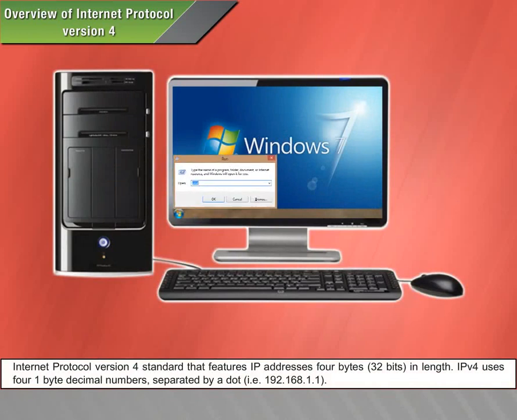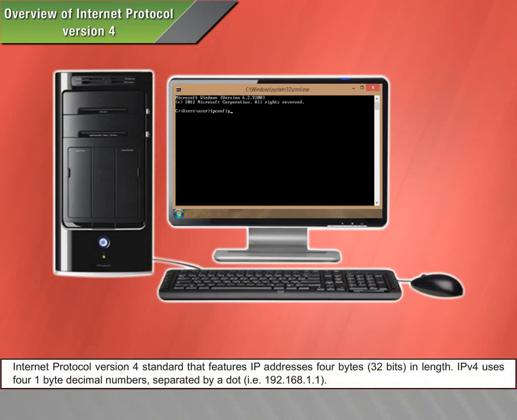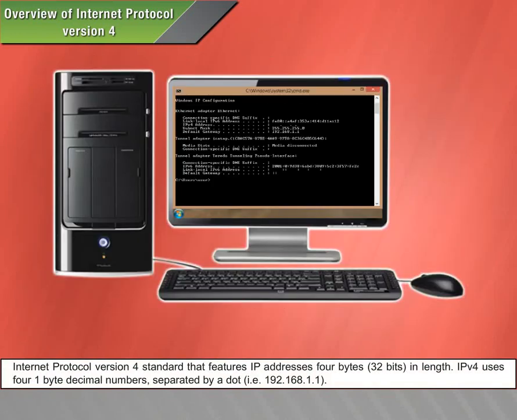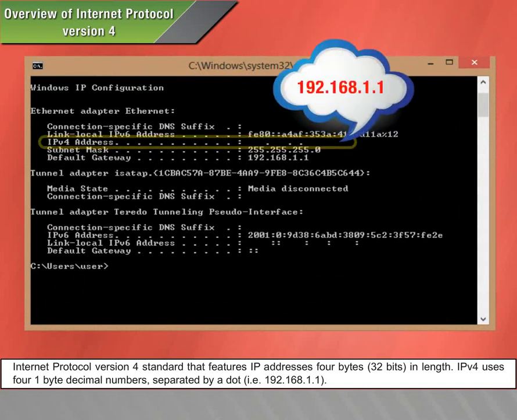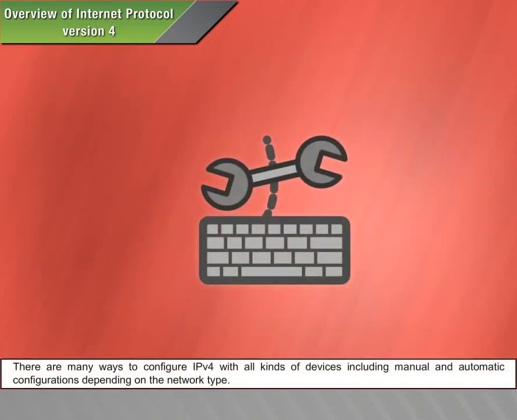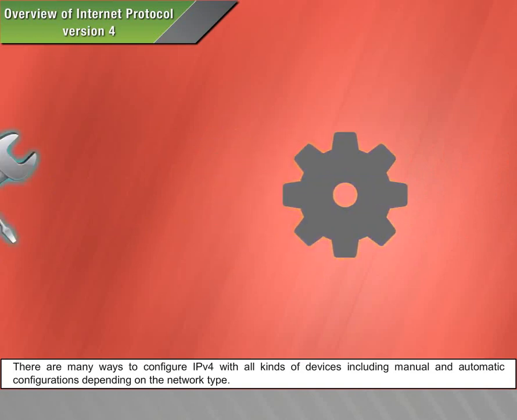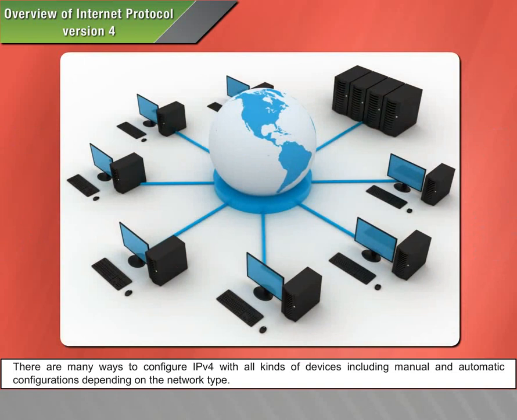The IPv4 standard features IP addresses 4 bytes, that is 32 bits, in length. IPv4 uses four 1-byte decimal numbers separated by a dot, that is 192.168.1.1. There are many ways to configure IPv4 with all kinds of devices, including manual and automatic configurations depending on the network type.